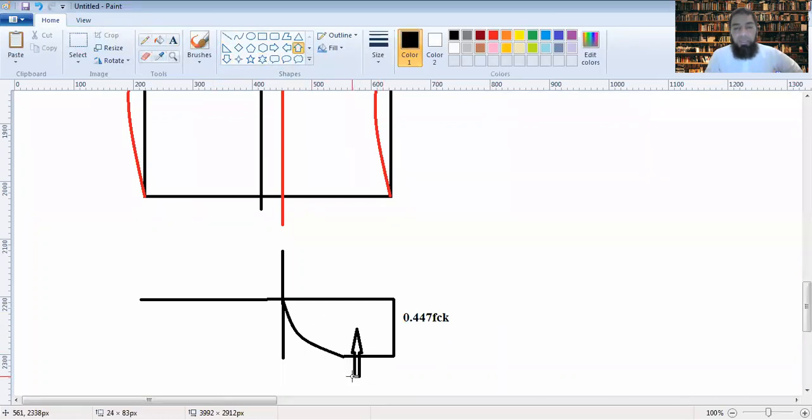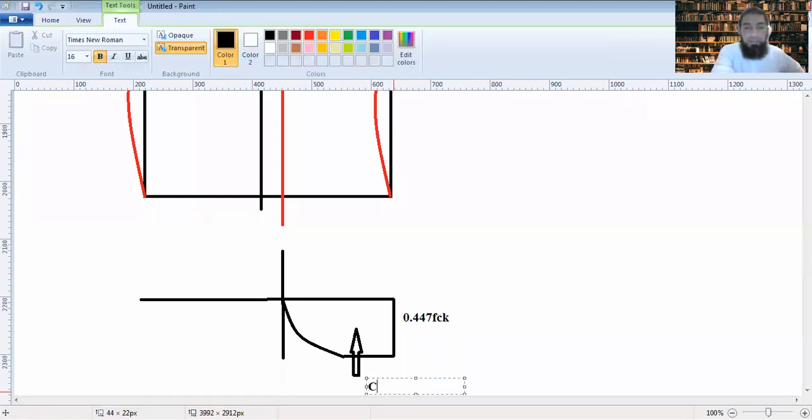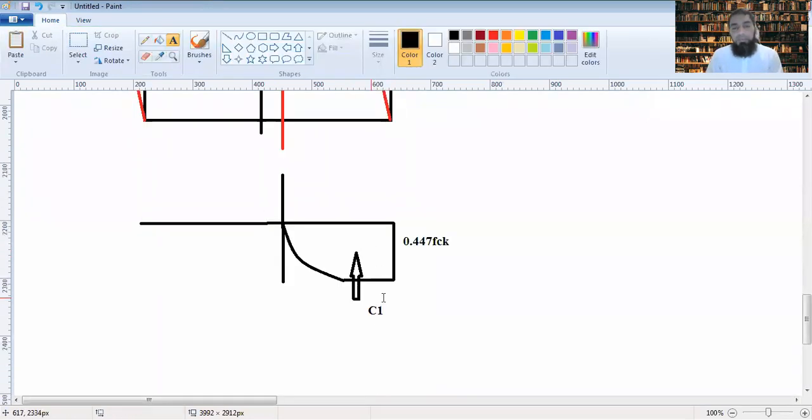If this is the compression, which is C, here we can treat it as C1, because you have many more C here. You have the other C provided by the steel bars at the EY3 location. So this is C1.